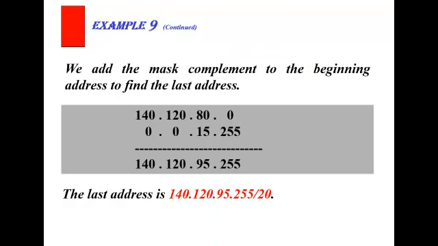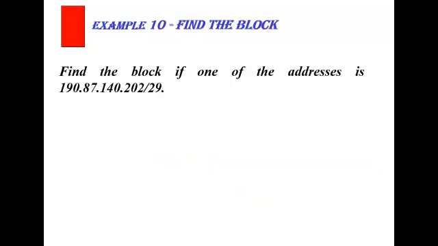A very easy thing is there. We know the prefix length value is based on 1s. Put all the ones and the remaining will be 0. Then complement it, convert it, and add the resultant value to the first address of the block. In this way, you can easily find out the last address in a given block.